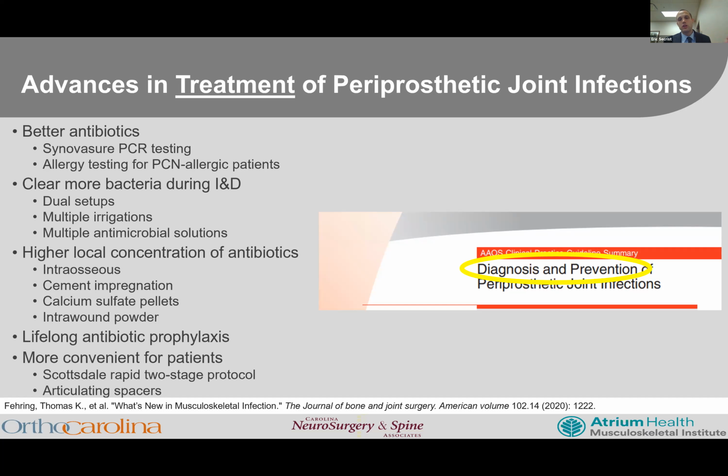And if you look at the advances that we've made, they have absolutely made a difference for patients and have increased definitely the convenience of this, as well as the proposed effectiveness of what we're doing. But we're essentially squeezing every last drop that we can out of the old tools, which are do a good surgery, get as much bacteria out as you can, take out the implant, and treat with antibiotics before putting the implant back in.